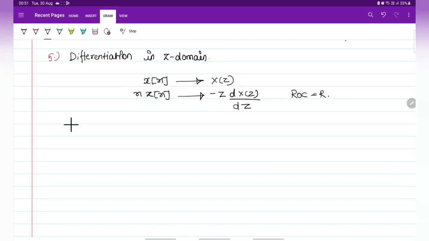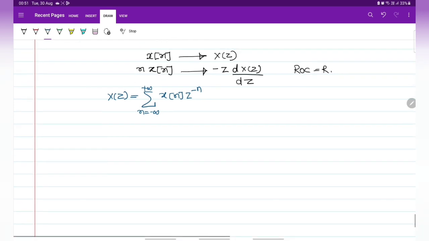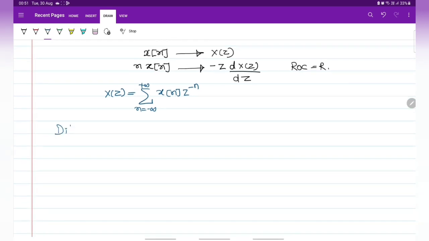By the definition of Z transformation, suppose X of z, what is X of z? That is summation of n is equal to minus infinity to plus infinity x of n z to the power minus n, right? Now differentiate both sides with respect to z.